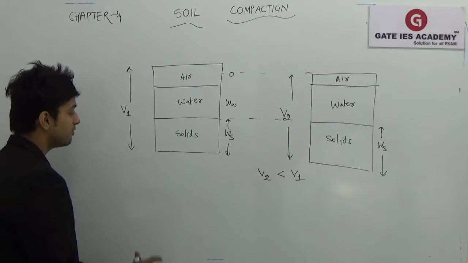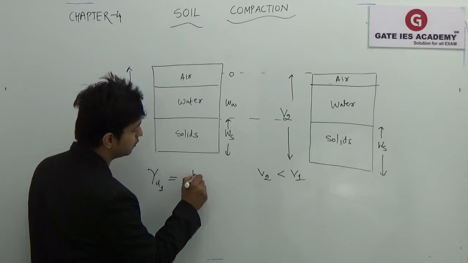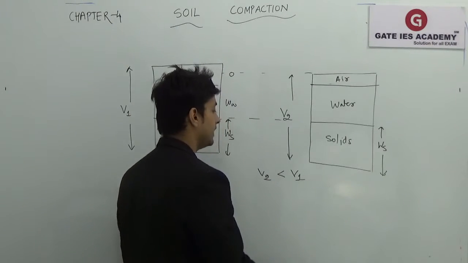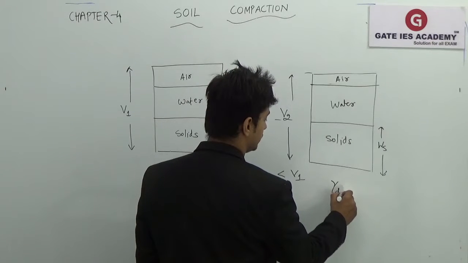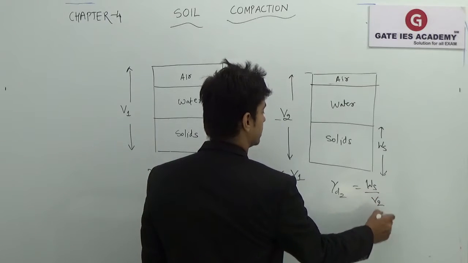So here, if my gamma d1, dry unit weight in the first case, would have been Ws upon V1, this would be gamma d2 equals Ws upon V2.